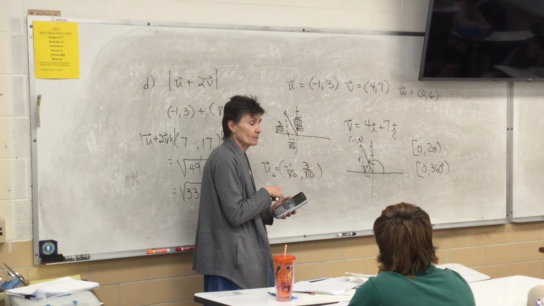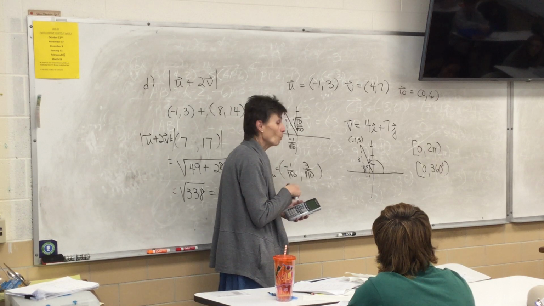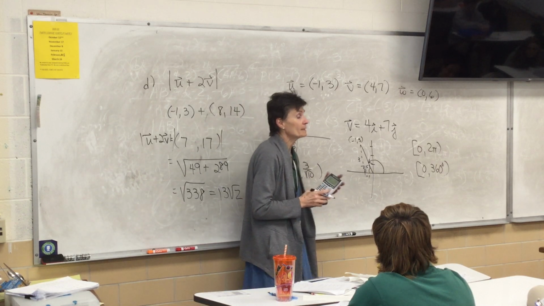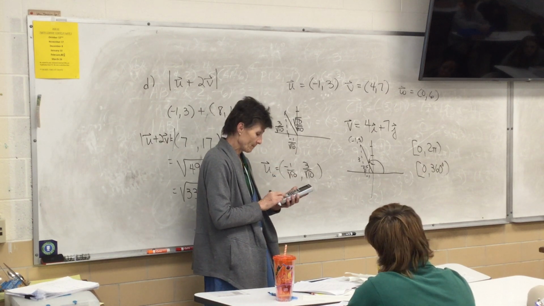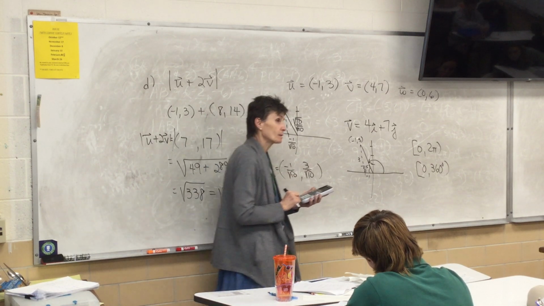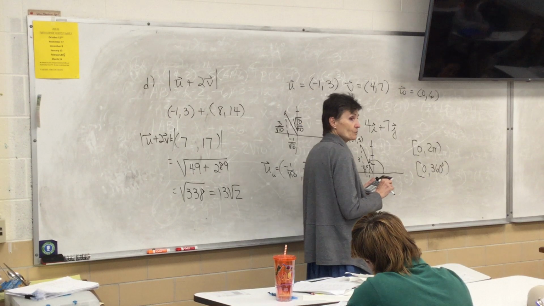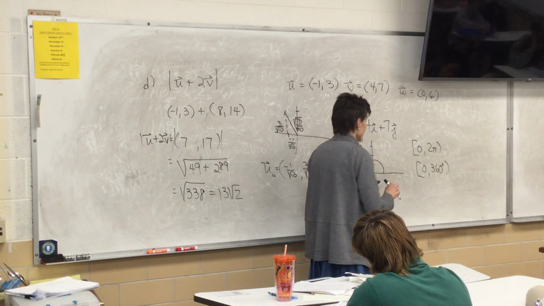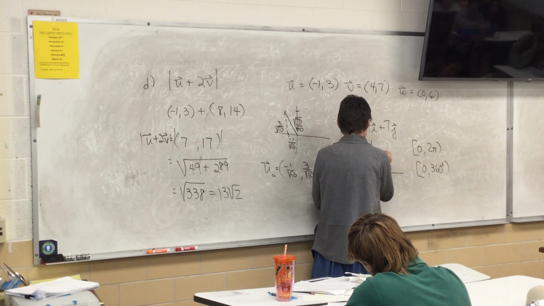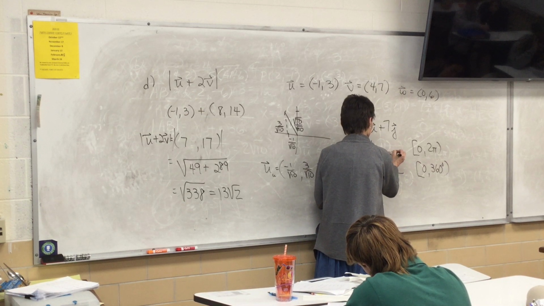My calculator is set to degrees. So what would the direction angle be though? Please don't say 71. What is it? 180 minus that? So in degrees, it would be 108.43.